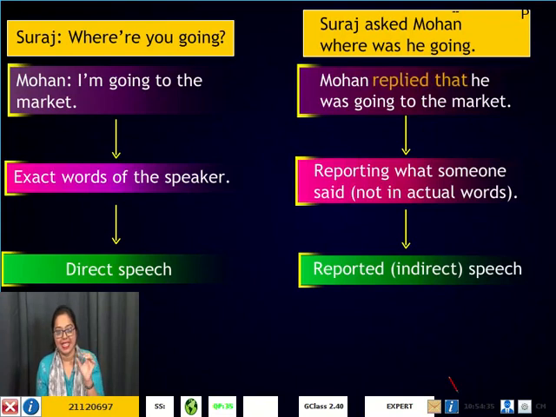In the first sentence, Suraj asked Mohan where he was going. In the second sentence, we see Mohan replied that, and replied that is highlighted. That means asked gets converted into replied that. Okay.